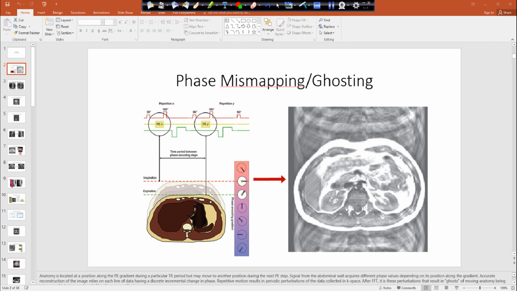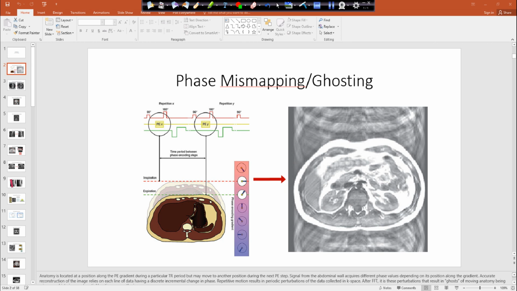They're not able to hold their breath for this particular scan. And that phase position has changed by the time that we actually record the data. So from here to here, we have gone from inspiration to expiration. So our phase location has changed, meaning that we're going to occupy a different row of K-space.